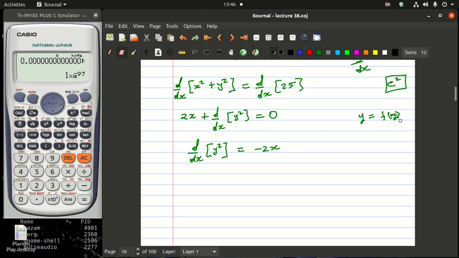So what we are actually seeing here is that we have some function. I'm going to call this function, this y here, equal to some h of x. If you look into this h of x, we end up having something squared, because we have y squared.